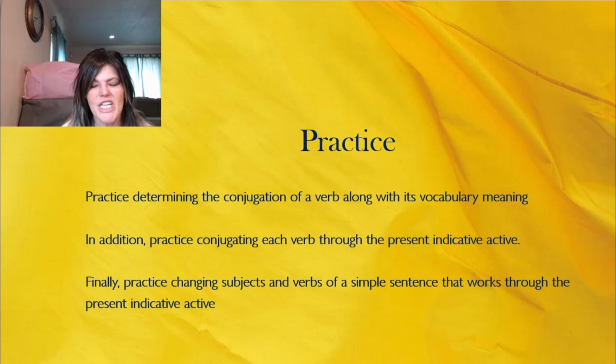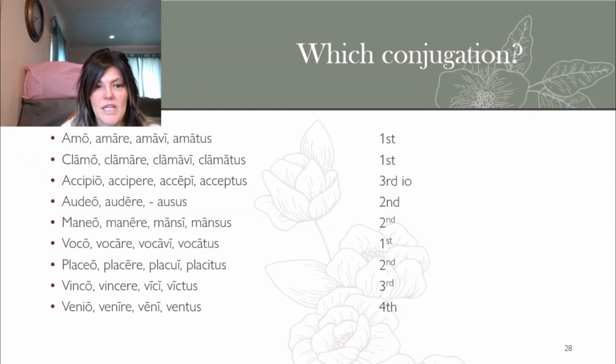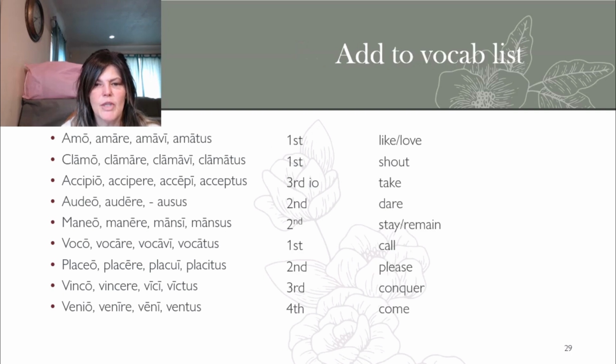And then we practice changing up the subjects and verbs of simple sentences so that they work through the present indicative active. So, you know, I will give them their list. I will give them amo, amare, or I'll just give them amo or amare, and they have to look it up. And they have to put in the full dictionary entry like this, as well as the conjugation to which it belongs and what it means.